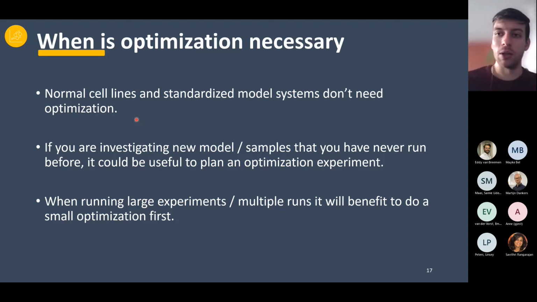You can also discuss with us how to approach such samples, because maybe we have run certain samples that you haven't before, as with the example that I gave you a few slides ago about the PBMCs. And especially if you're running large experiments, or experiments with multiple runs or maybe 100 samples, it'll benefit you to do a small optimization first.